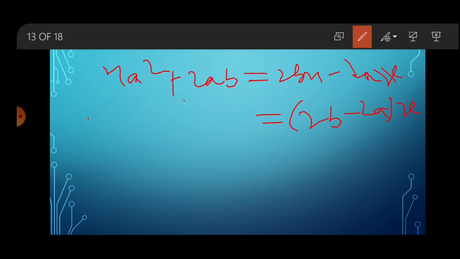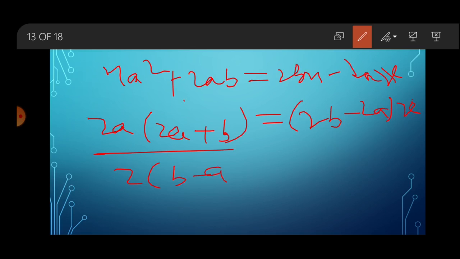From here I think we can take 2a common, so it will become 2a(2a plus b) upon, again taking 2 as common, (b minus a). When we take 2 common and bring it to the division, this term will no longer be here. So the 2 will get cancelled. So this is what we have as a solution, as the second value of x.